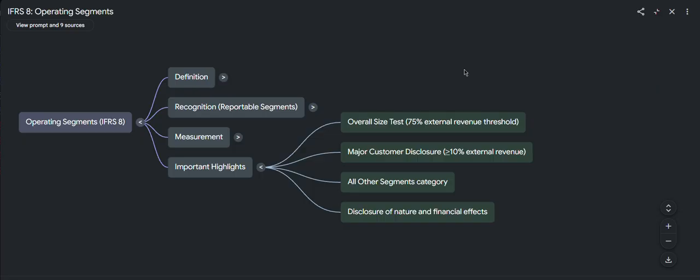So that's the rule there. Another important highlight is that a major customer should be disclosed if it constitutes revenue greater than or equal to 10% of the combined external revenue. So it is disclosed as a major customer.